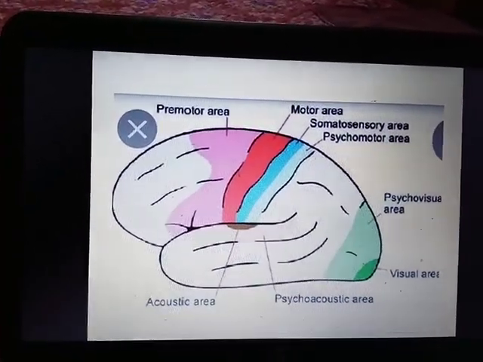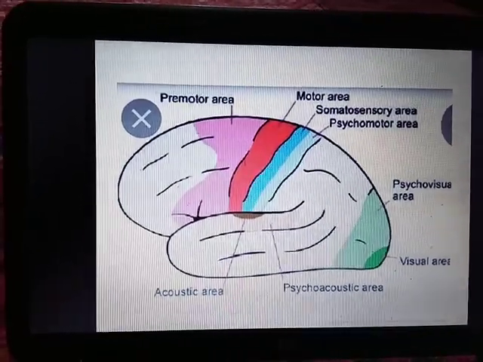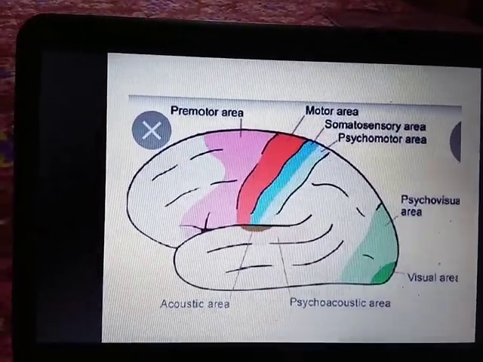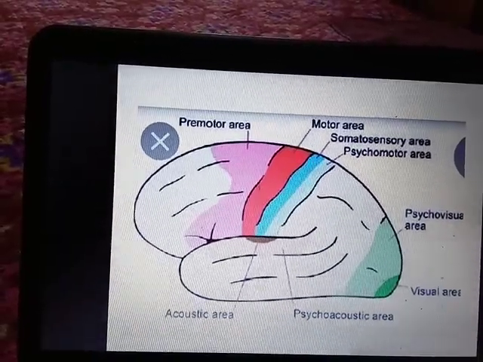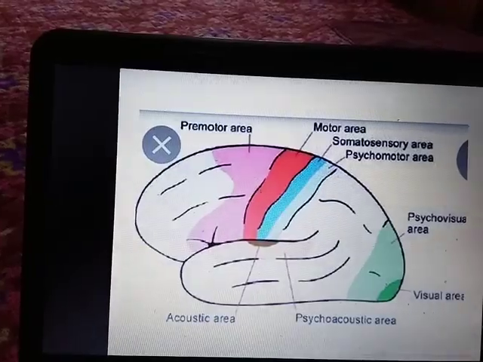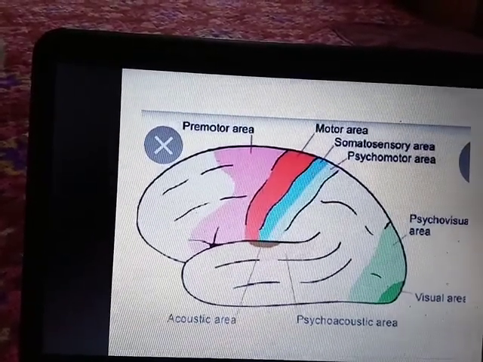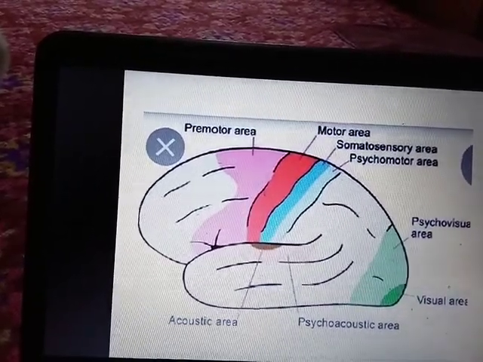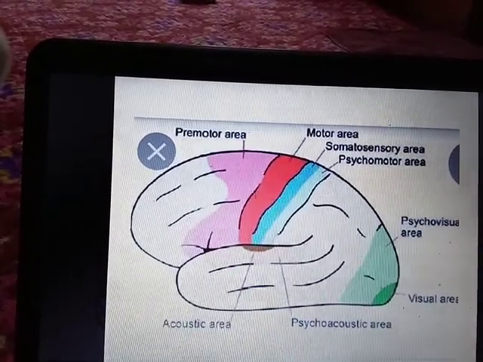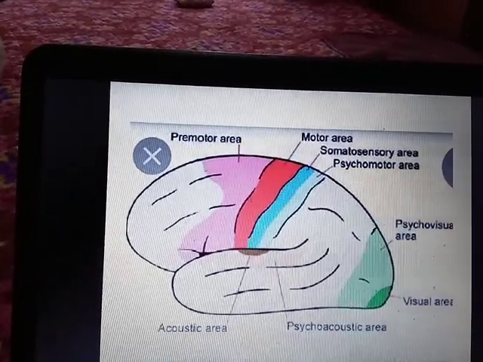It is concerned with the intricacy of the various movements. Although it is concerned with the movement of the various body parts, it maintains the intricacy. It plans new movements, and it helps in the coordination of the movements.